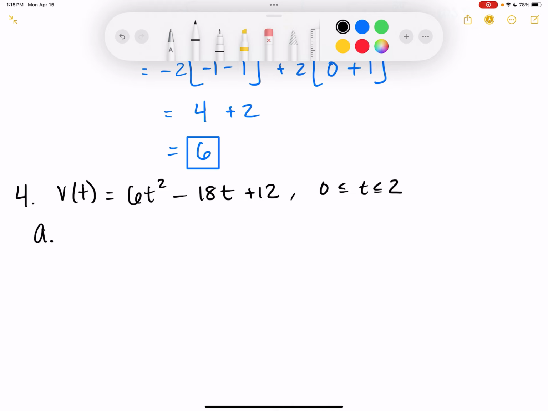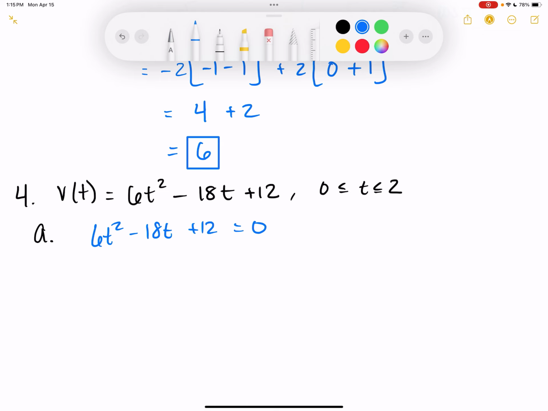So what was the first thing that I need to find out of those? How do I do that? Equal to 0. Set the equation equal to 0. So that's going to be 6t squared minus 18t plus 12 equals 0.